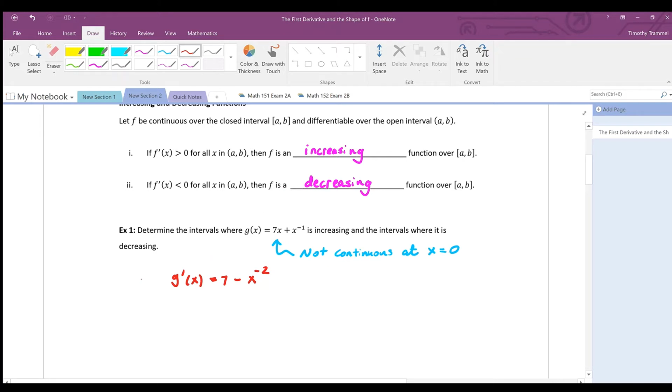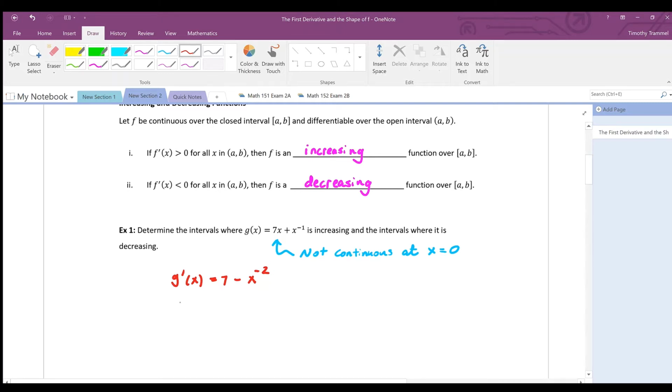So if you're trying to find where it's positive and negative, it might help to find the points where it switches, or at least potentially switches, from positive to negative. And when would that happen? Well, that would happen when the derivative is 0, right? If the derivative is 0, then there's a possibility that the sign of the derivative has changed from positive to negative or negative to positive at that point.